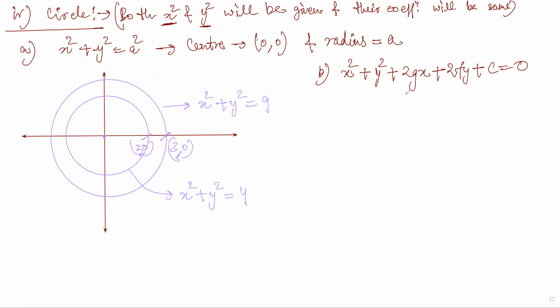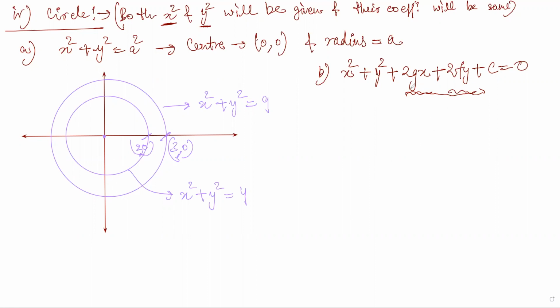Now, there can be a part of x as well and y as well. If this x and y part is given, then the equation is complex. If this x and y part is not there, then the equation is simple, as in the first case, only x square and y square. But if x square, y square, along with x and y, then the equation is complex.